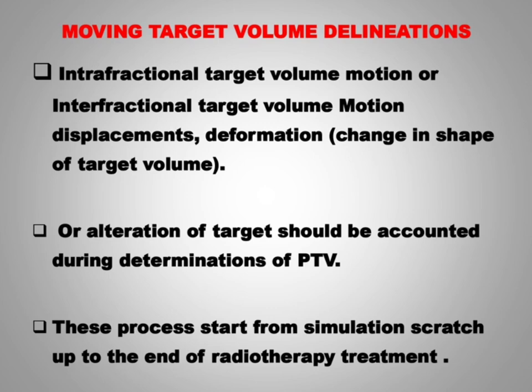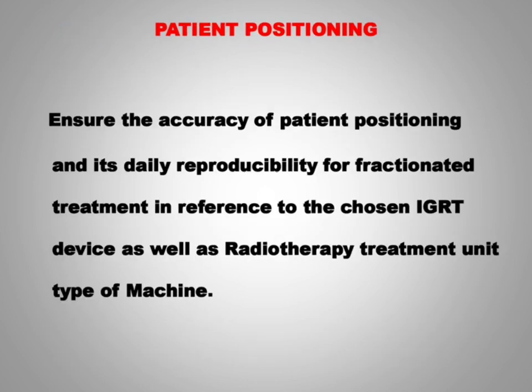So there are gold fiducial markers and an implantation gun, so that with the help of these devices, the fiducial marker can be put in the tumor. Now, how do we delineate the moving target volume?